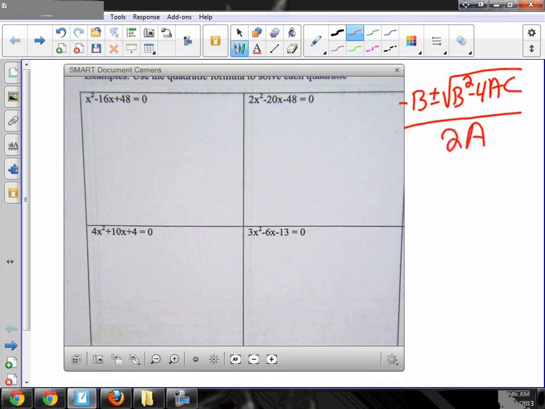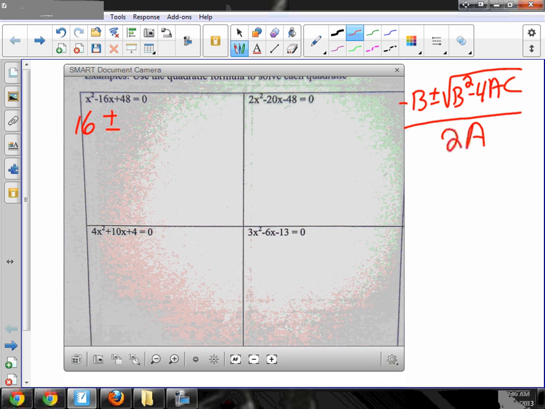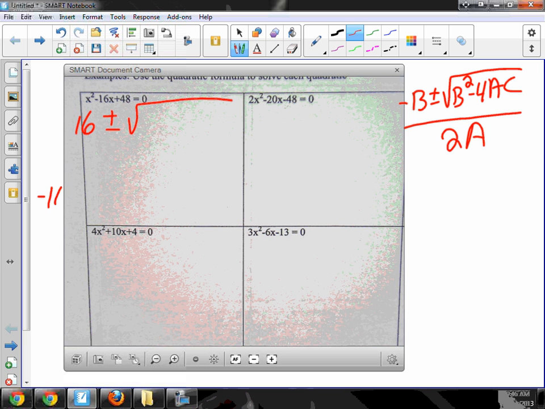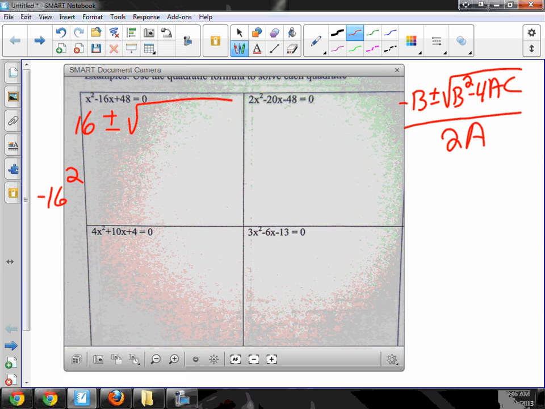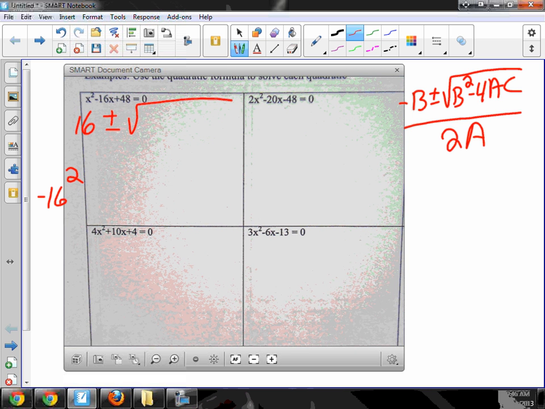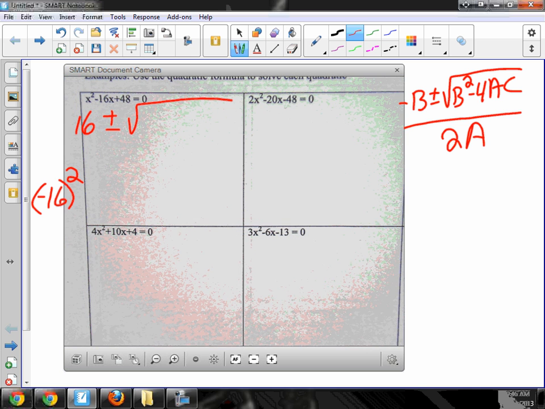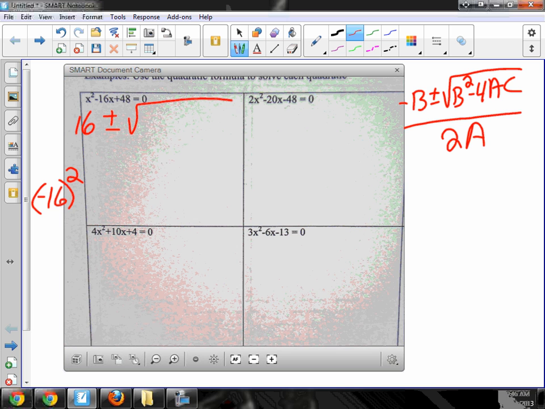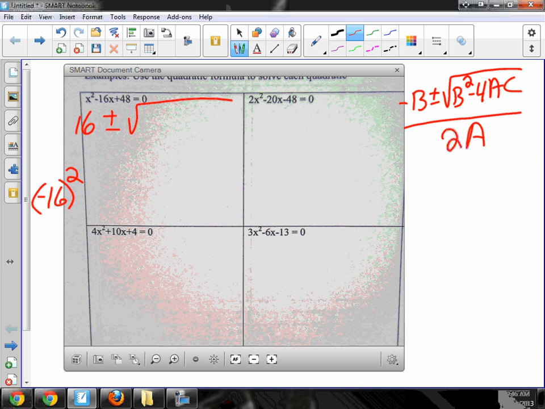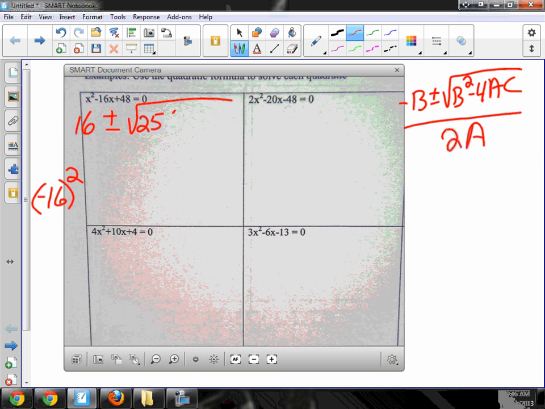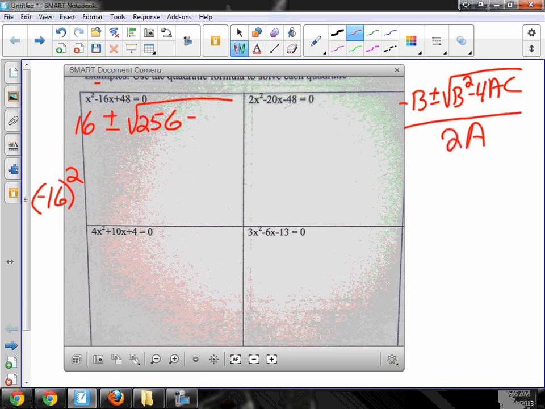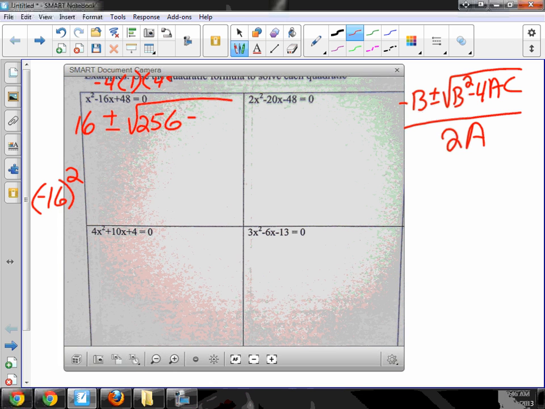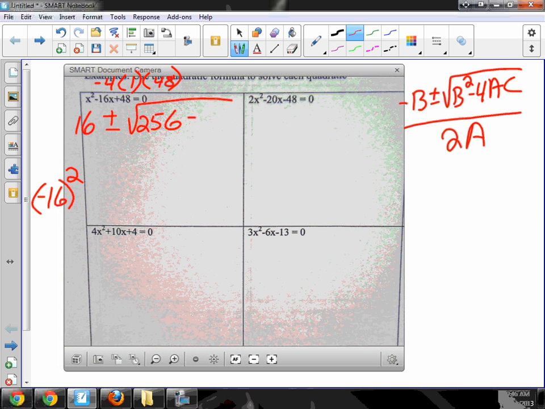So 16 plus or minus the square root, and you have to be careful. If you type in negative 16 squared, you're going to get the wrong answer in your calculator. It needs to be in parentheses. Or, you know the answer is going to be positive, just do 16 squared. So 16 squared is 256 minus negative 4 times a, which is 1, times c, which is 48, equals 192.